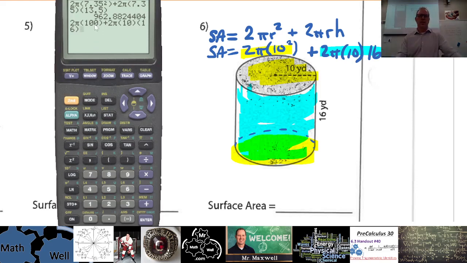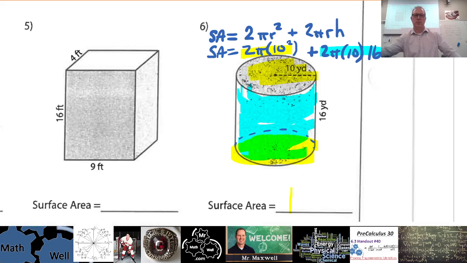So 2 times pi times 100 plus 2 times pi times 10 times 16. So 1633.63. And that's going to be square yards, or yards squared.